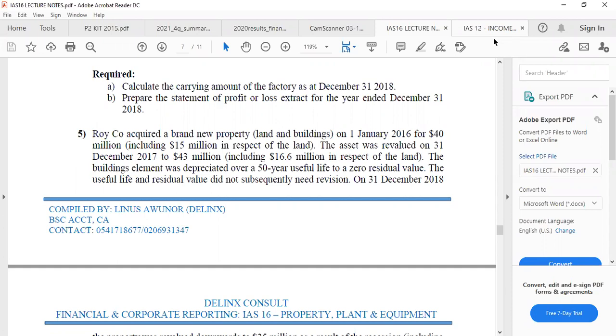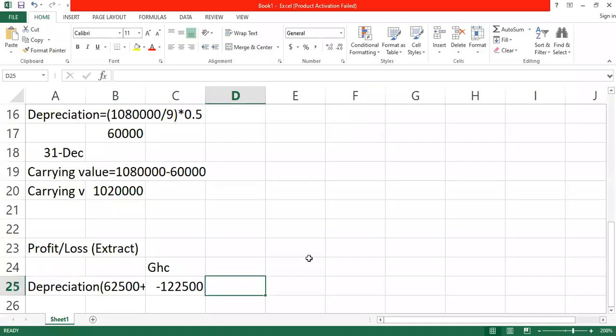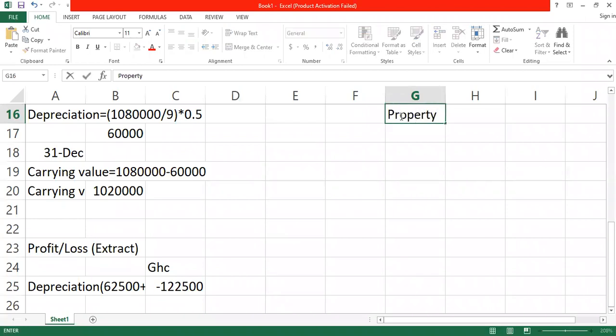How many years after acquisition? 2 years, isn't it? All right. So the next thing that you have to ask yourself is, what is the value of the asset as at the date of the revaluation? That is the current value that you are going to compare with the revalued amount. But the property was bought for 40 million, isn't it? So the property was for 40 million. And they say land element is how much?